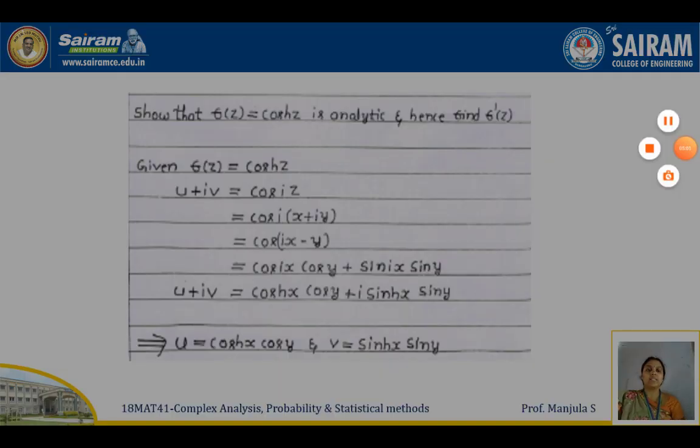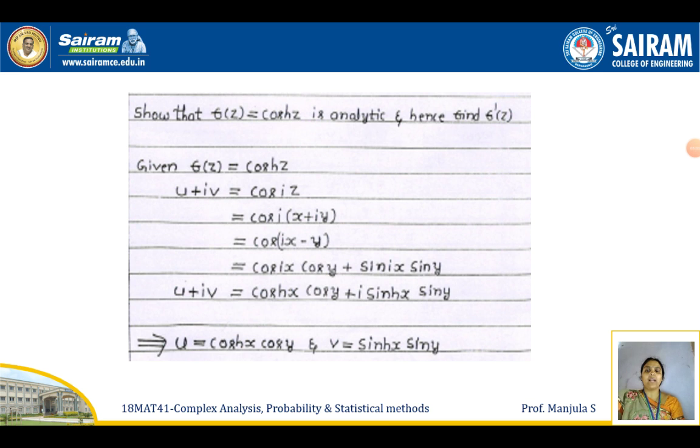So now we'll see the next problem. Show that f of z equals cos hyperbolic of z is analytic, and hence find the derivative. So f of z is nothing but u plus iv, and cos hyperbolic of z can be written in terms of trigonometric, that will become cos iz. I you just write as it is, z is nothing but x plus iy.